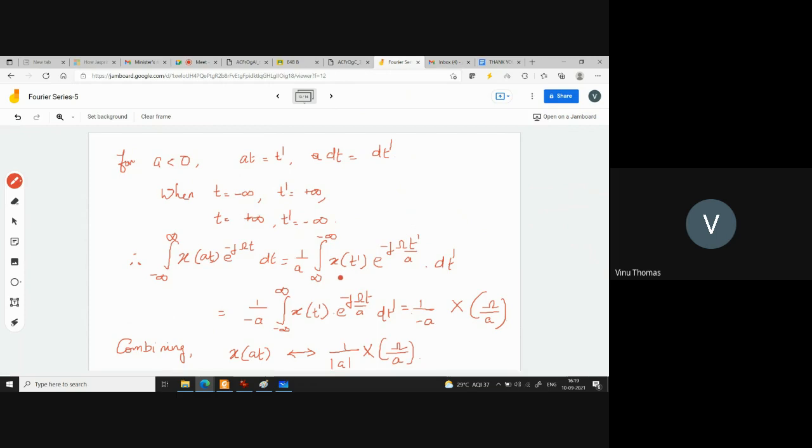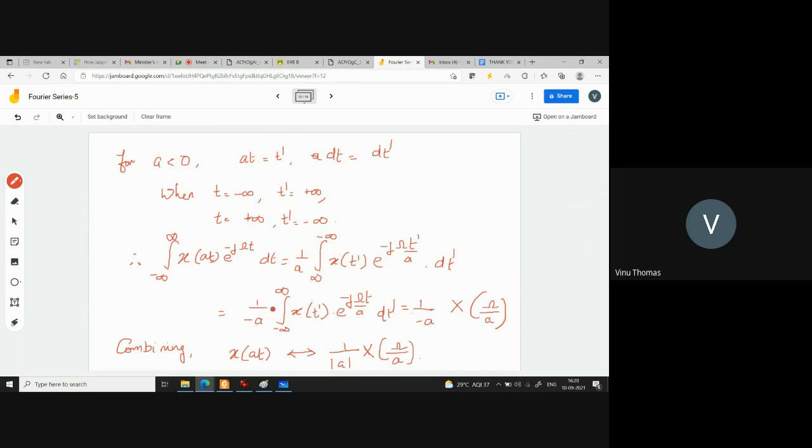Right? Because t is equal to t dash by a. So this you can write as, I will reverse the limits in the definite integral. I will write this from integral -∞ to +∞, and take the resultant negative sign to the denominator.